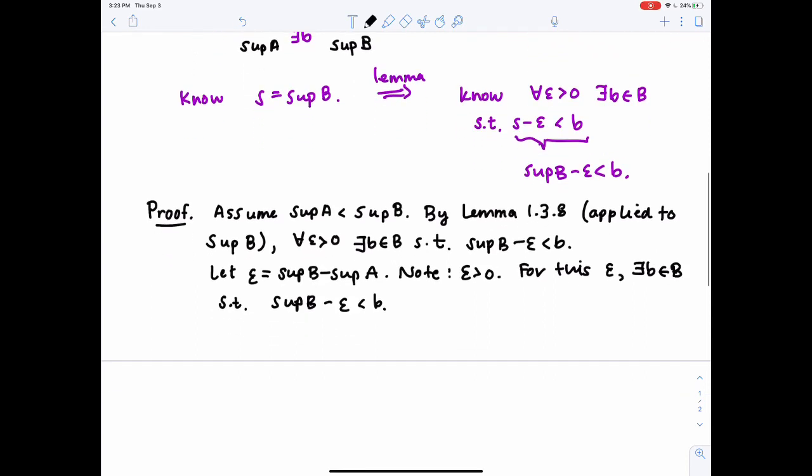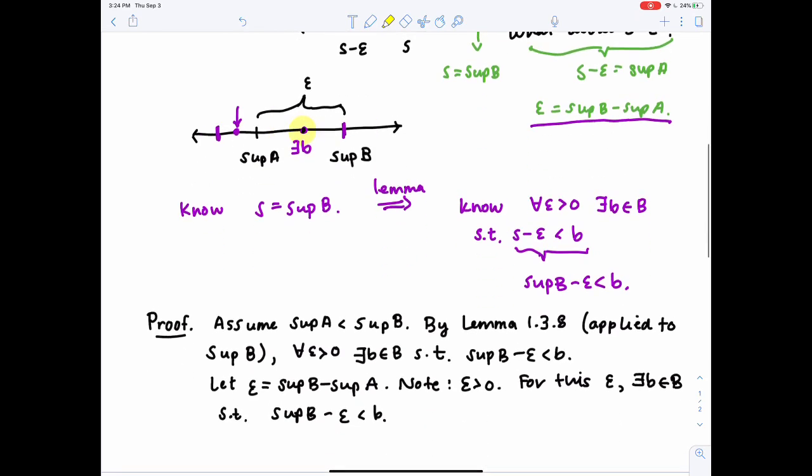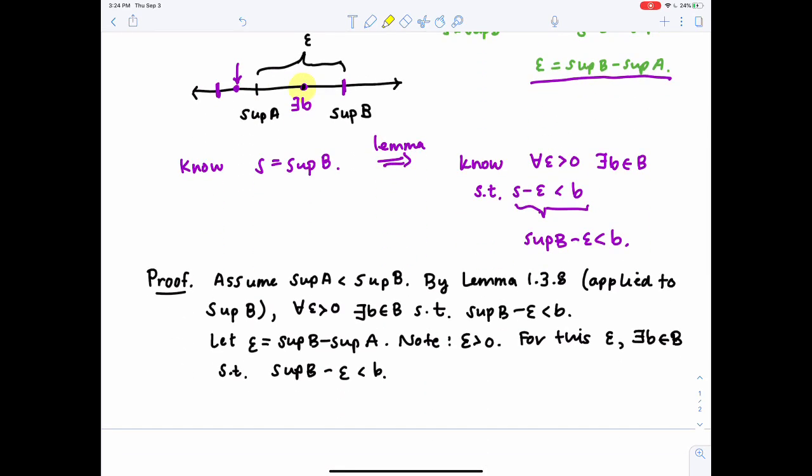But what were we trying to do again? We were trying to say that little b was right here, and we wanted sup A to be to the left of it. So I really want to create an inequality that compares sup A to the number b.